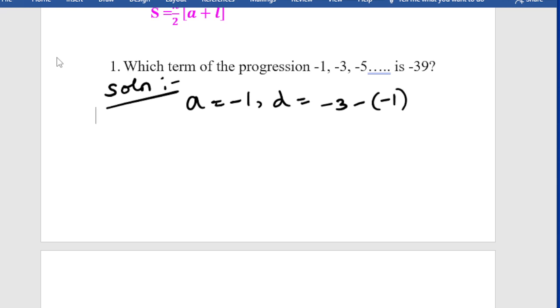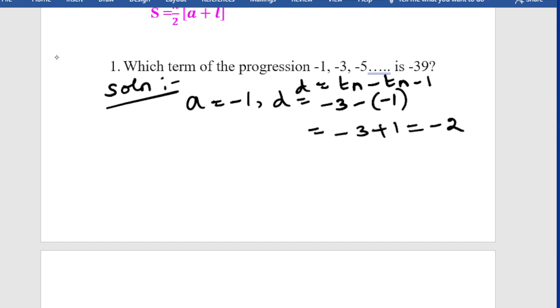This is d, which can be found by t_n minus t_(n minus 1), the difference of any term from its preceding term. So d is minus 3 plus 1, which is minus 2. So we know a and d. a is minus 1 and d is minus 2.